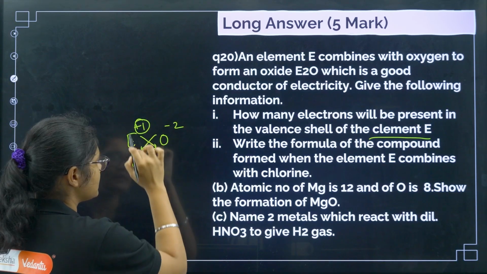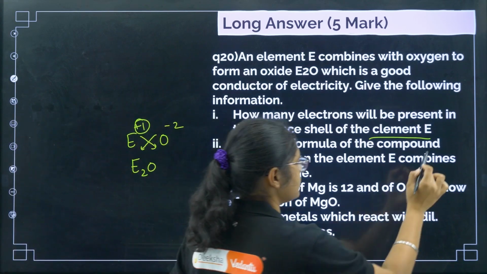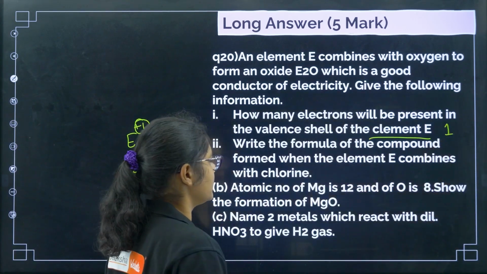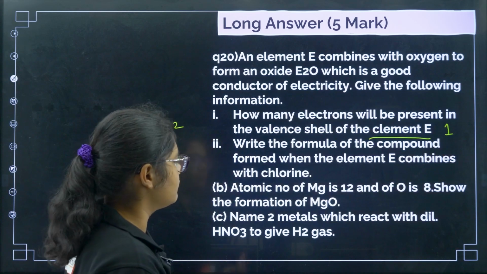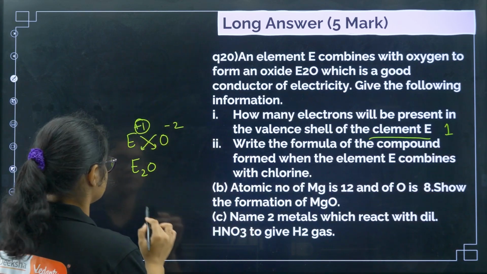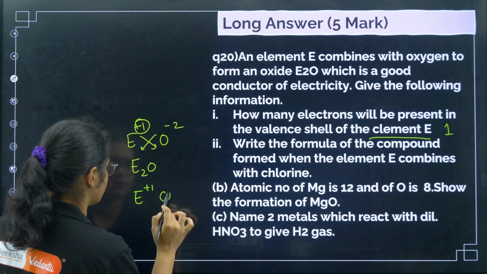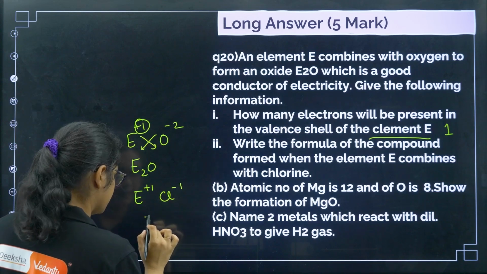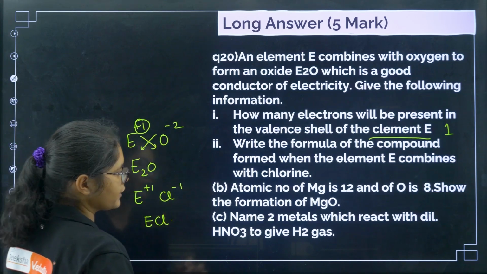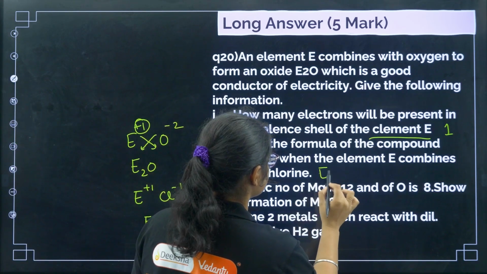So one electron has been lost, which means there will be only one electron in the valence shell of the element. Write the formula of the compound formed when the element combines with chlorine. E is +1 and chlorine is -1, right? So what will I get here? ECl.